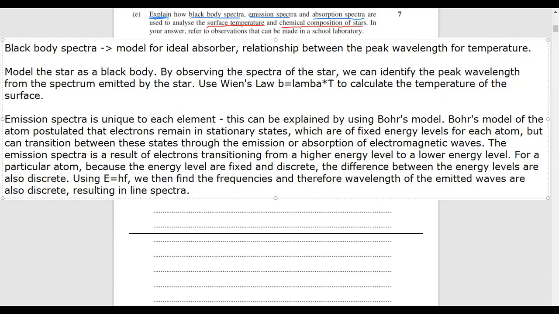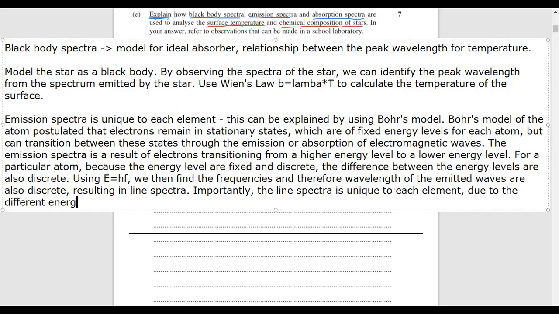Importantly, though, because we're trying to talk about chemical composition, we need to talk about how it's different for each element. So, importantly, the line spectra is unique to each element due to the different energy levels as a result of the change in the nucleus. Right?